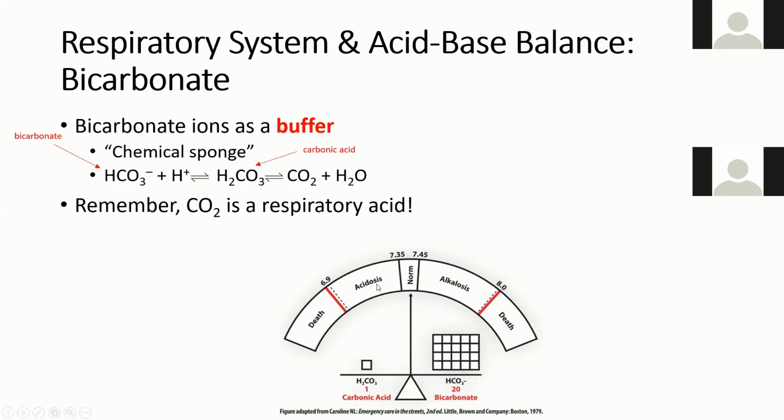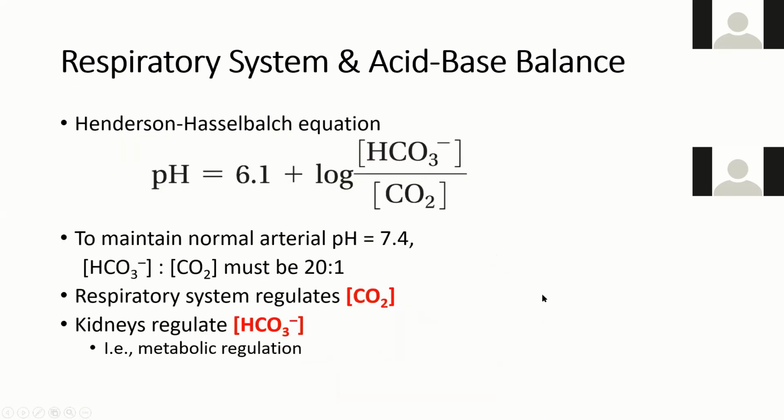If we move it to the left, so if we increase our amount of carbonic acid, we're going to end up in acidosis. If we get below about 6.9, that's deadly. In the reverse, if we increase our bicarbonate, we're going to end up in alkalosis. Eventually, this will also cause death.